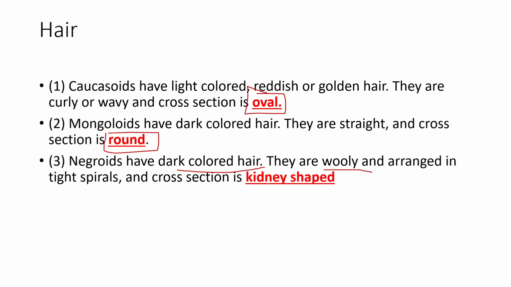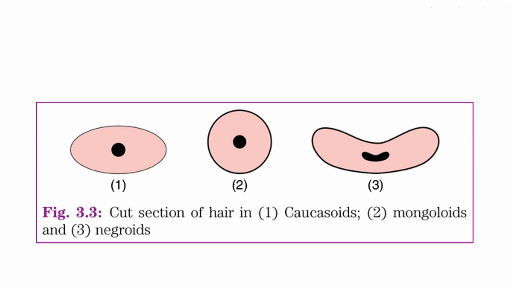And when we check out the cross section, it is kidney shaped. So these are different cross sections of hair that have been discussed in the previous slide. These are the oval cross section, the circular cross section, and the kidney shaped cross section for the Caucasians, Mongoloids, and Negroids.